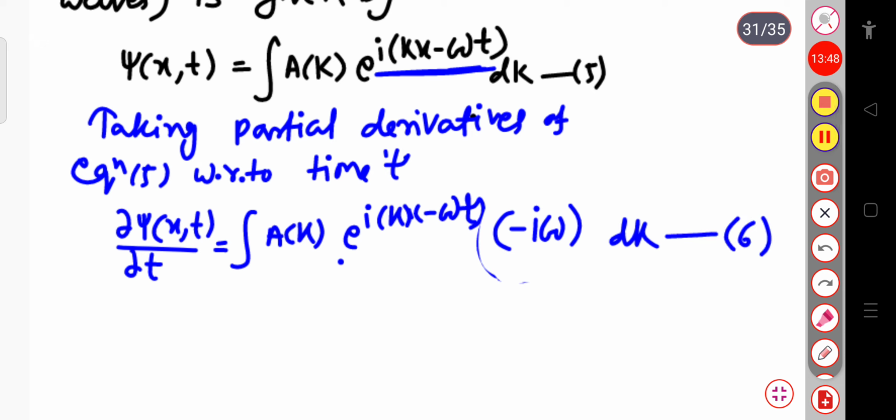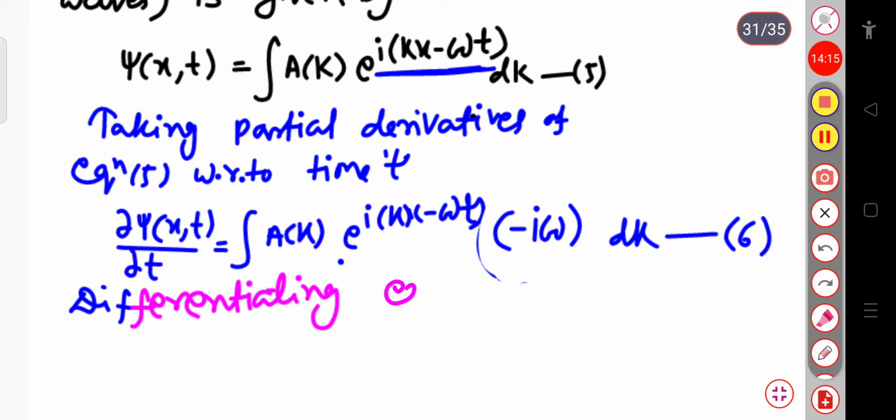This is, suppose, equation number 6. Now again, if I take the derivative of equation 5 with respect to x, differentiating equation 5 with respect to x, then this will be ∂ψ/∂x.